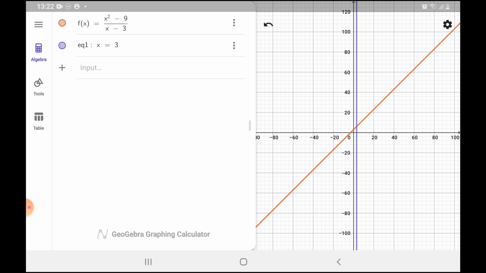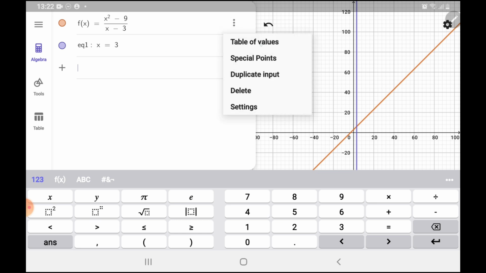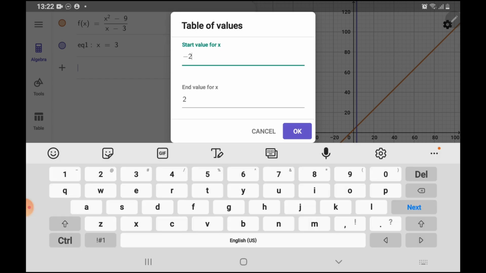But using a graphical method, we would substitute values that are near the value equal to 3. Okay, so what are these values? Probably we can use this table of values. So I would start at the value 2.98.